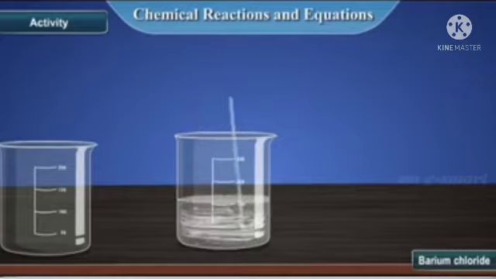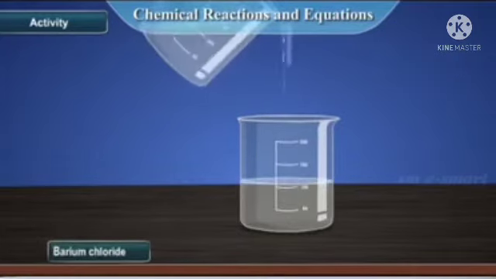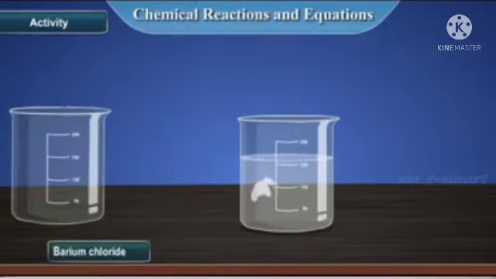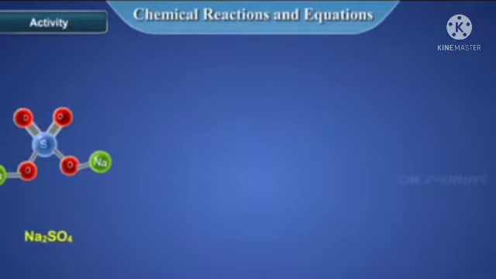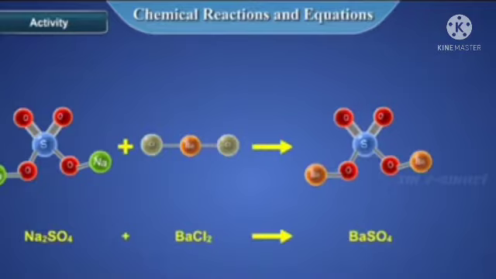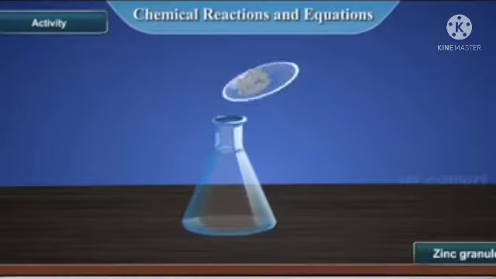Add the two solutions, sodium sulfate and barium chloride. We will get a white precipitate of barium sulfate. Sodium sulfate Na2SO4 plus barium chloride BaCl2 gives barium sulfate and sodium chloride.